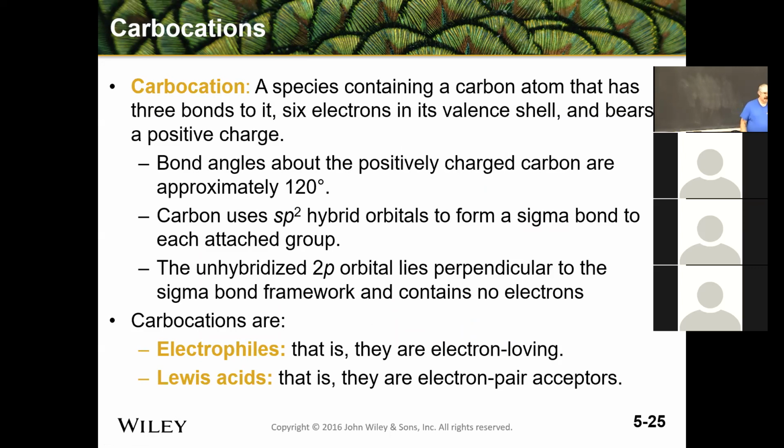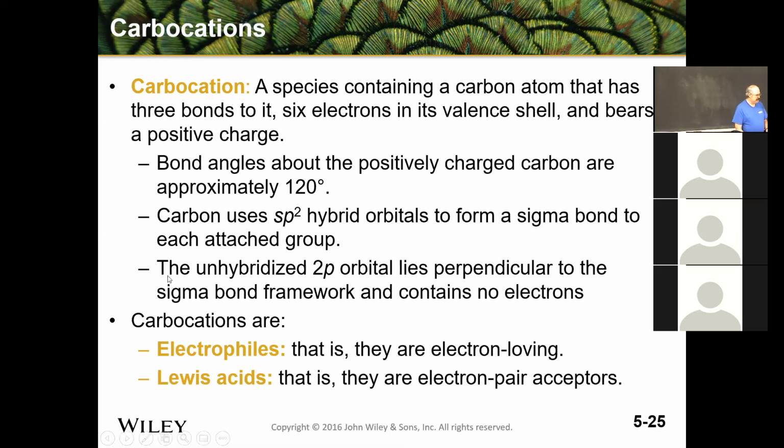A carbocation is a species containing a carbon atom that has 3 bonds to it. There are 6 electrons in the valence shell, and it carries a plus charge. So it does not have an octet. The bond angles around this positively charged carbon are approximately 120 degrees.